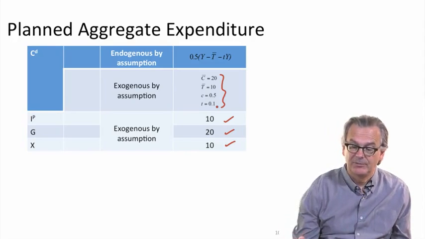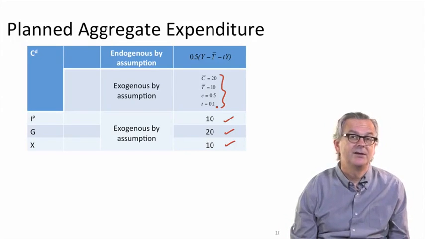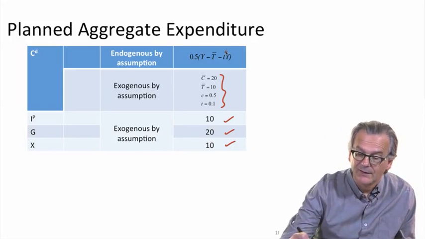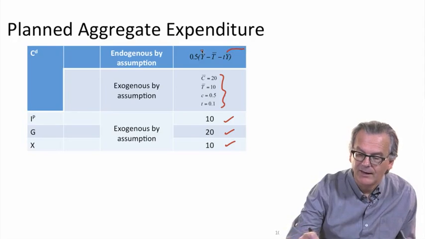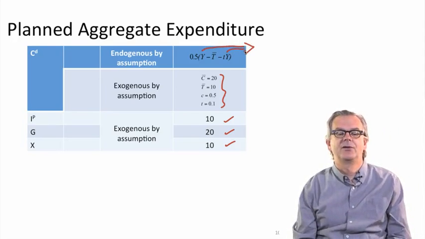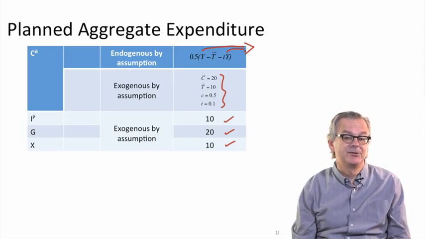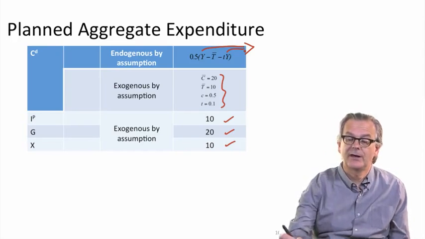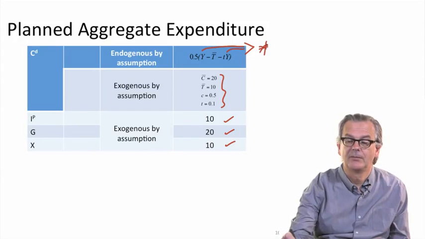I want you to note something. Whilst a great deal of planned aggregate expenditure is indeed exogenous, there is an important endogenous component, and that comes through consumption, and it comes through the fact that consumption varies systematically according to what is happening to income.